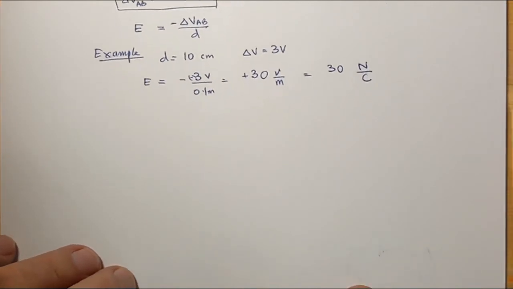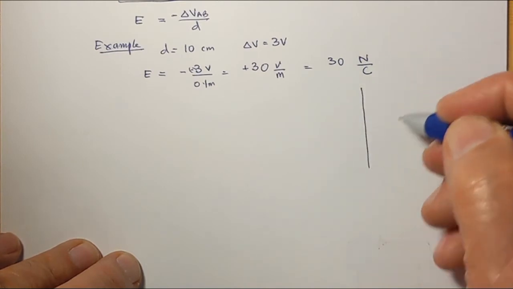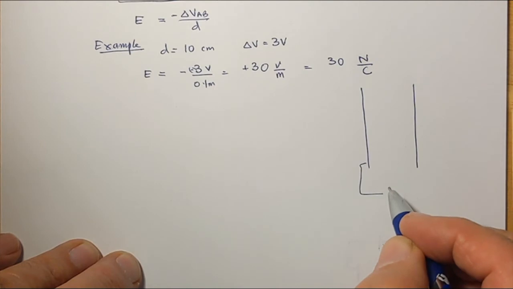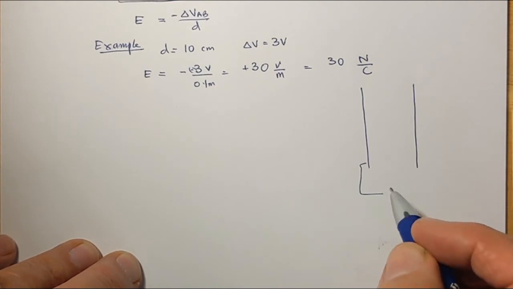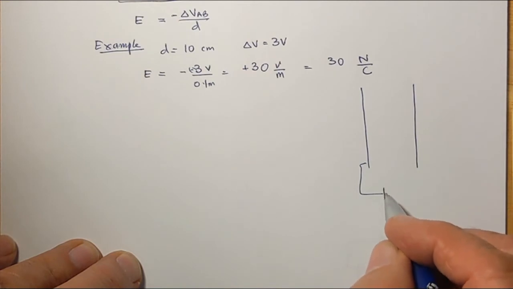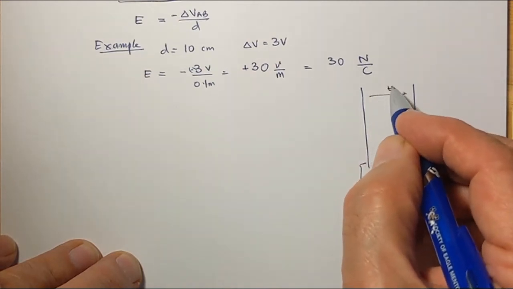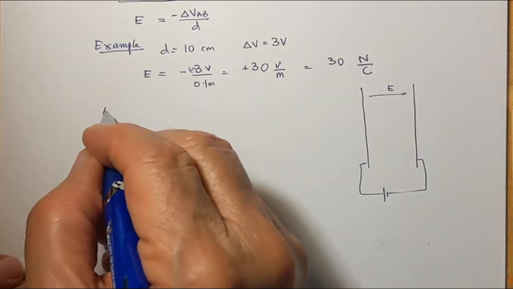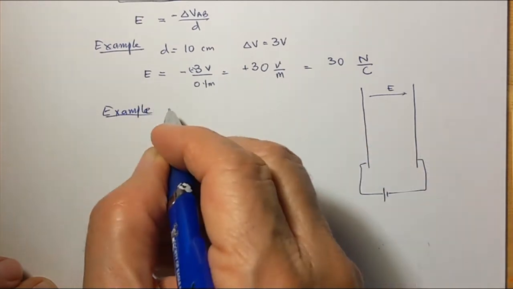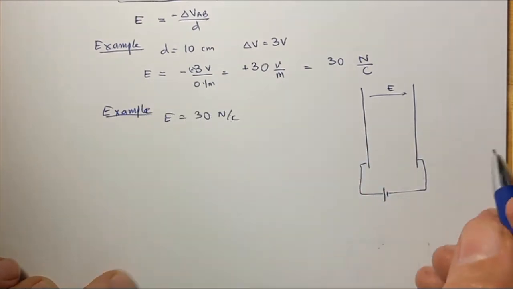Now let's take the same example, same two plates, and we have a potential difference of the same value that we had before, and an electric field here which we take as what we found earlier, 30 newtons per coulomb.